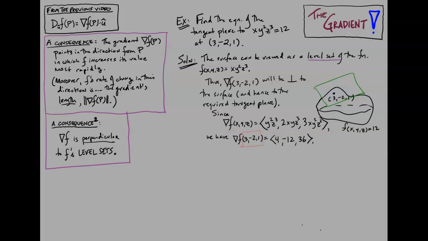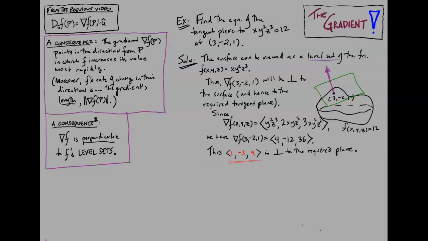When we pop these coordinates into that expression, we end up with (4, -12, 36). So the gradient would look something like that. But these numbers are larger than I like, so I can just scale this down. I'll divide everything by 4, and I will still get something, even after I've scaled this back, that will be normal to the plane I want.